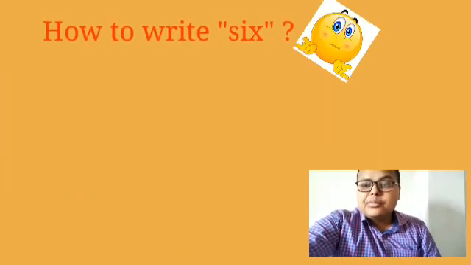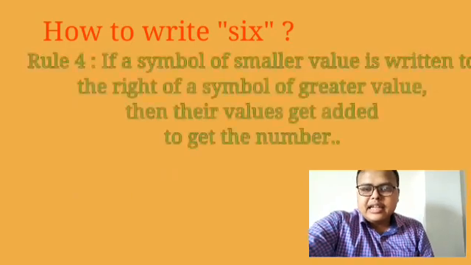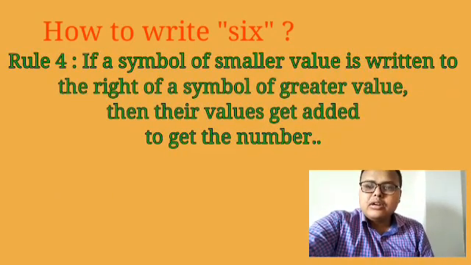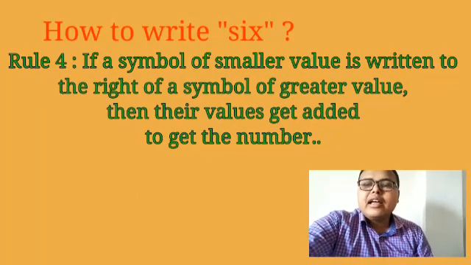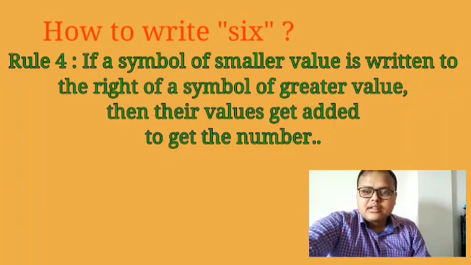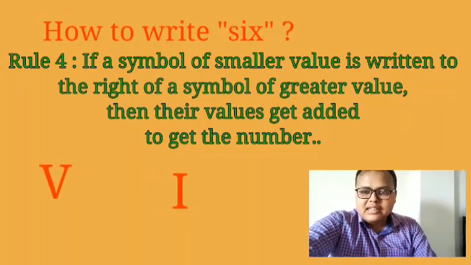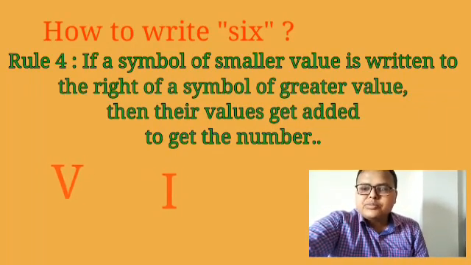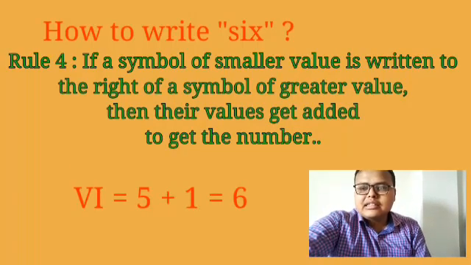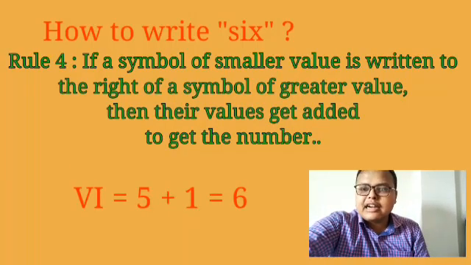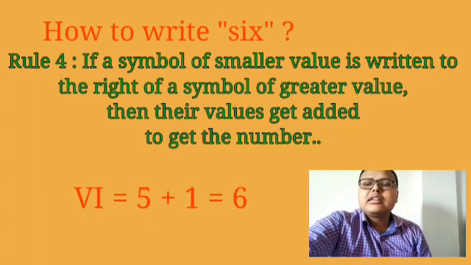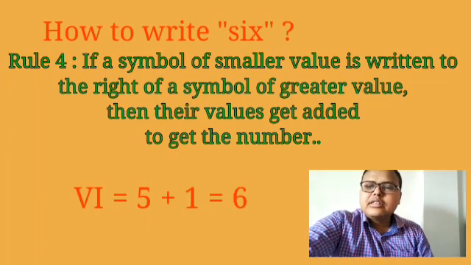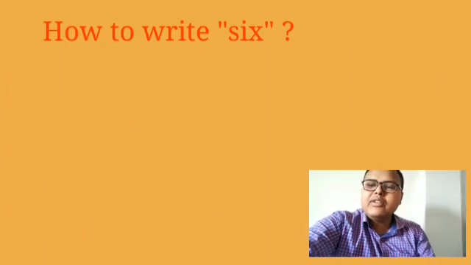Another rule is there, how to represent 6 then. A symbol of smaller value just at the right of a symbol which is having a greater value, then their values will be added. That is, if I write VI, then I is having a smaller value which is written just at the right of the greater value V. So I will be added with V, that is 1 will be added with 5, which is 6. So this way they write 6, VI.